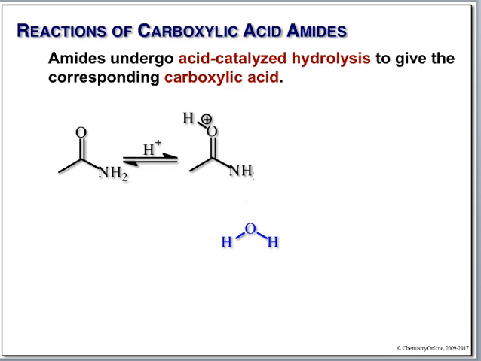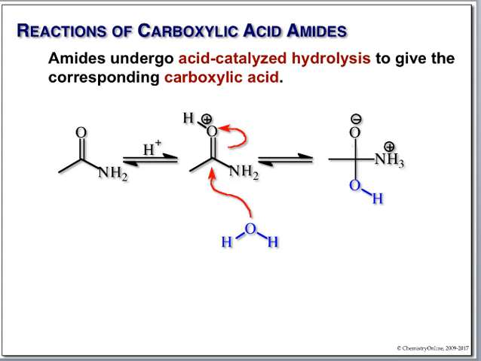That means you have to protonate the carbonyl with a strong acid. When you do that, now this is really electrophilic. Water can add and give us this intermediate. If we lose a hydrogen, I guess we don't lose a hydrogen, the nitrogen can leave as ammonia, and we've made a carboxylic acid.